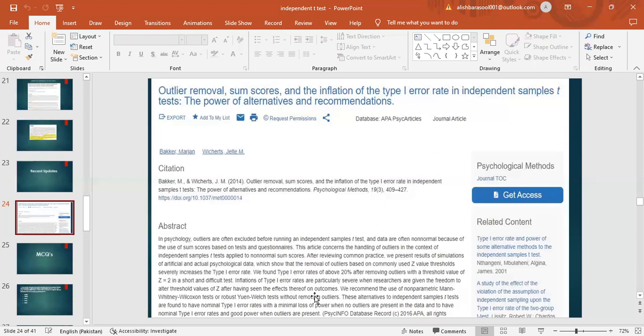We recommend the use of the non-parametric Mann-Whitney-Wilcoxon test or the robust Yuen-Welch test without removing the outliers. These alternatives to independent samples t-tests are found to have nominal type 1 error rates with a minimal loss of power when no outliers are present in the data, and to have nominal type 1 error rates and good power when outliers are present.